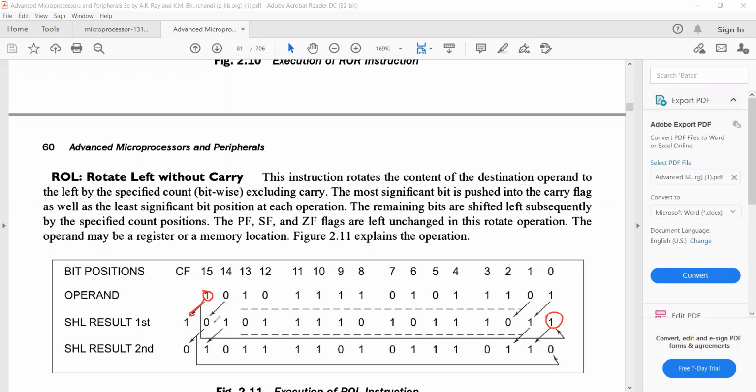Here you can see this MSB bit is being rotated towards the LSB position, as we are rotating towards the left side.